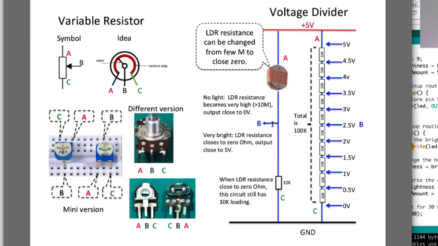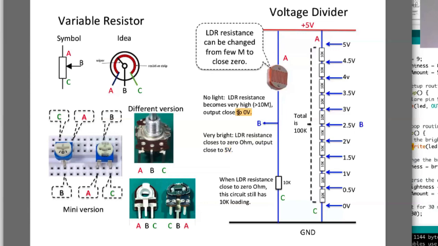But of course, if it's very bright, you get 0 ohm, so the voltage will be close to 5 volts. But when you block it, it becomes a very high resistance, let's say infinitely high, okay? In that case, this voltage will come close to 0 volts.